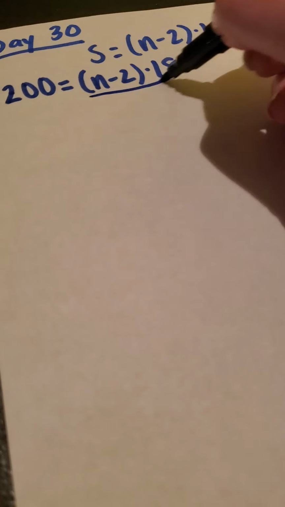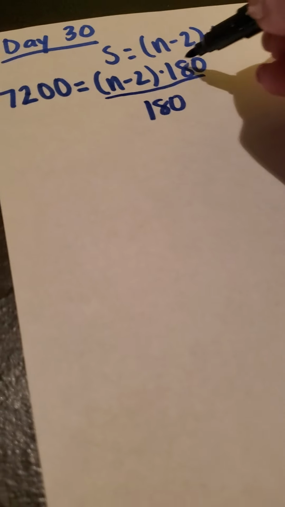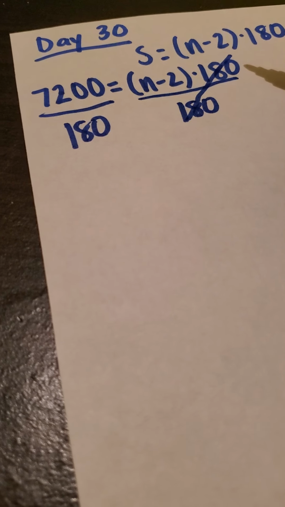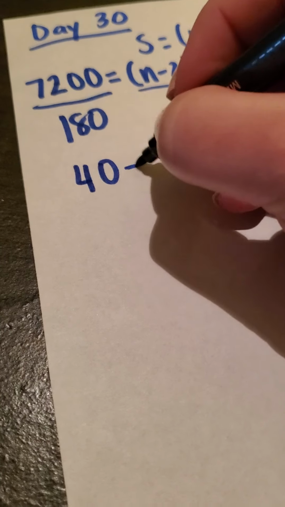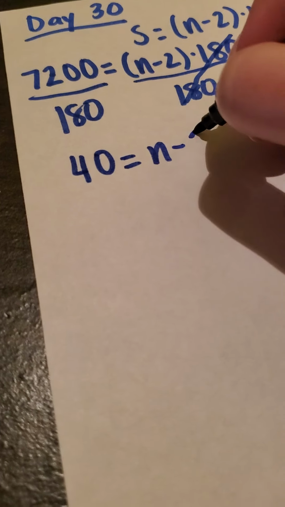The next thing I need to do is move the 180. So I'm going to divide by 180 so that it cancels here, and over onto the other side as well. So 7,200 divided by 180 is 40, and then I still have this n minus 2.